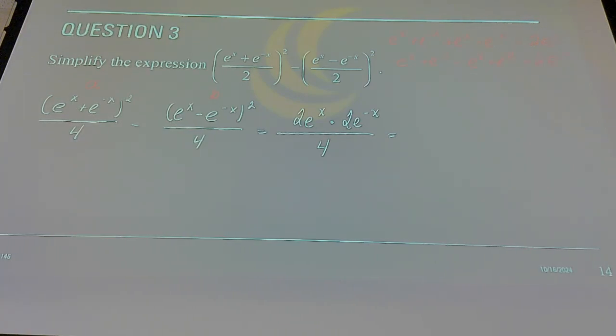That's where those values come from. What's 2 times 2? E to the x times e to the minus x, under your laws of exponents. Is e equal to 0?